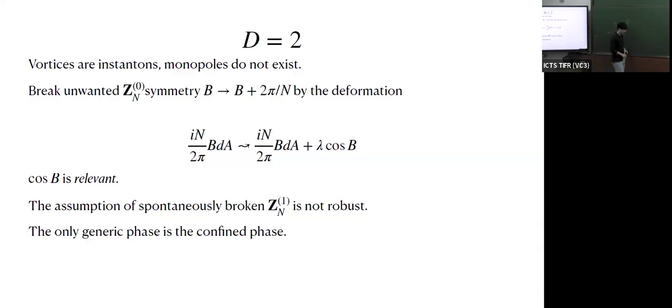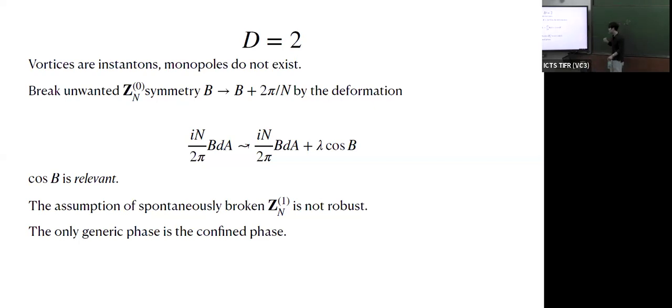The point, however, is that this perturbation is relevant. It's relevant in a rather trivial sense because the BF theory is topological. And therefore, these local operators basically have trivial scaling dimensions. They're just always relevant. And this immediately gives you a confining theory.